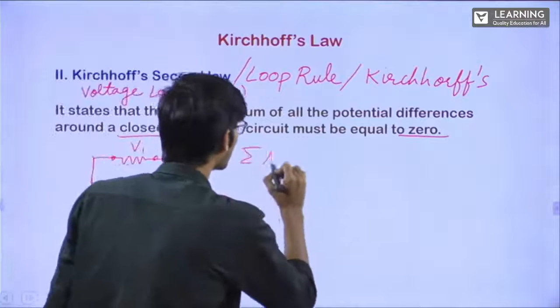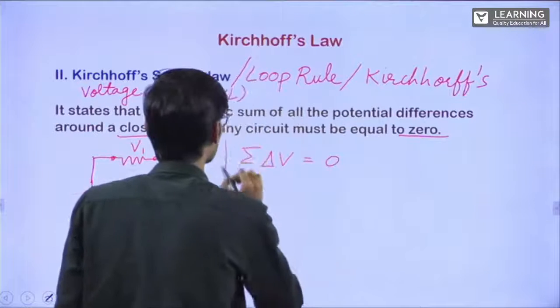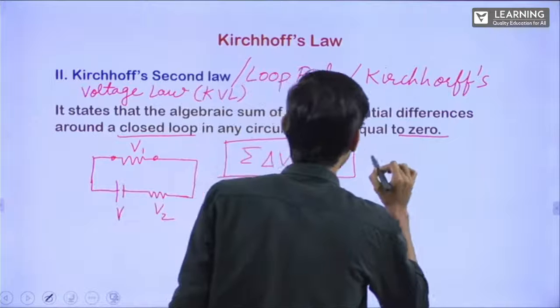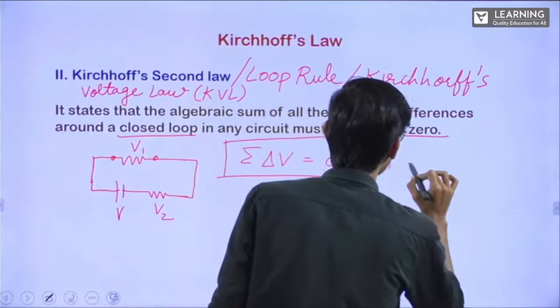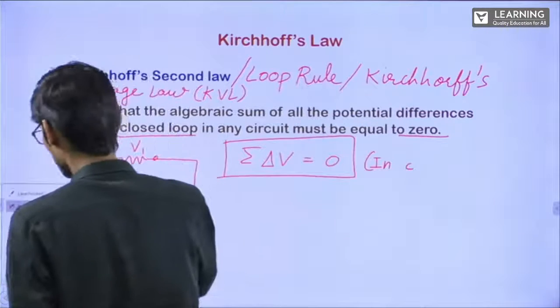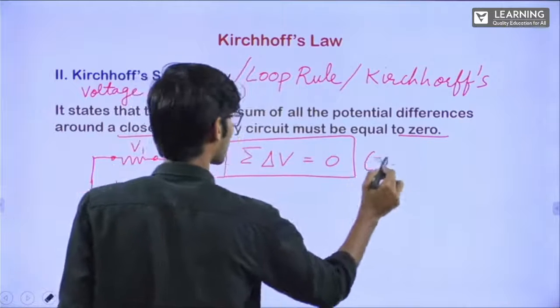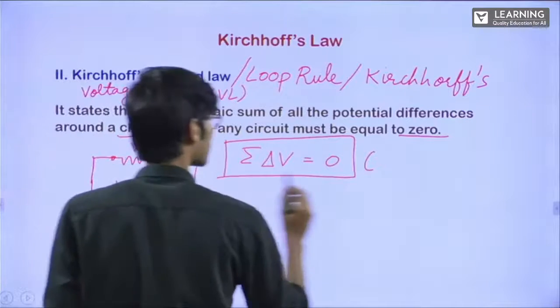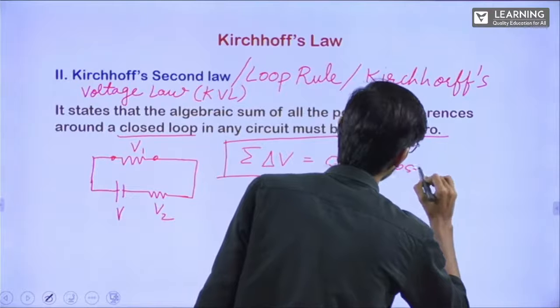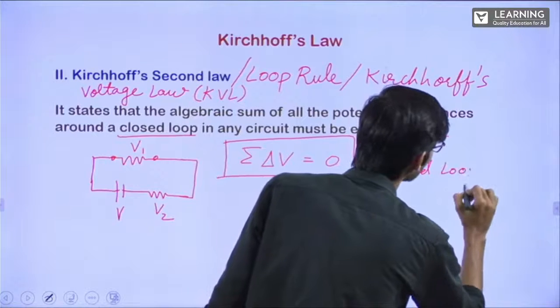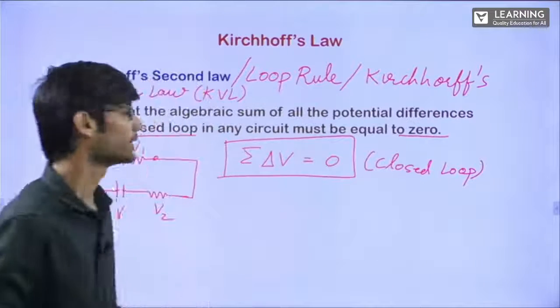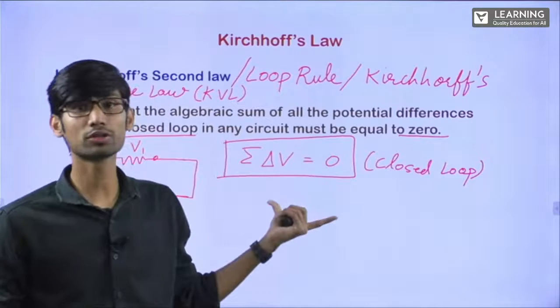Sigma delta V is equal to 0 in any closed loop. There, sigma I is equal to 0 at junction.